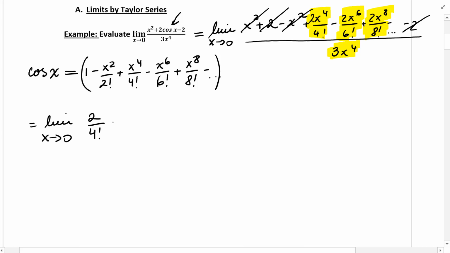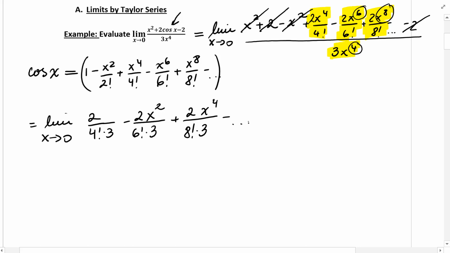And then minus 2 over 6 factorial times 3, and then it's x to the 6 divided by x to the 4, that's x to the 2nd. Plus 2 over 8 factorial times 3, and x to the 8 divided by x to the 4, x to the 4, and so on.